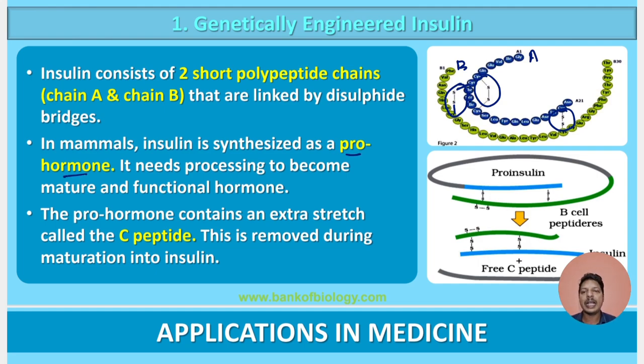Remember, insulin is synthesized as a prohormone. It needs processing to become a mature and functional hormone. The prohormone contains an extra stretch called C-peptide. Here, this one is the C-peptide, from here to this portion. Okay, so this is removed during maturation into insulin.